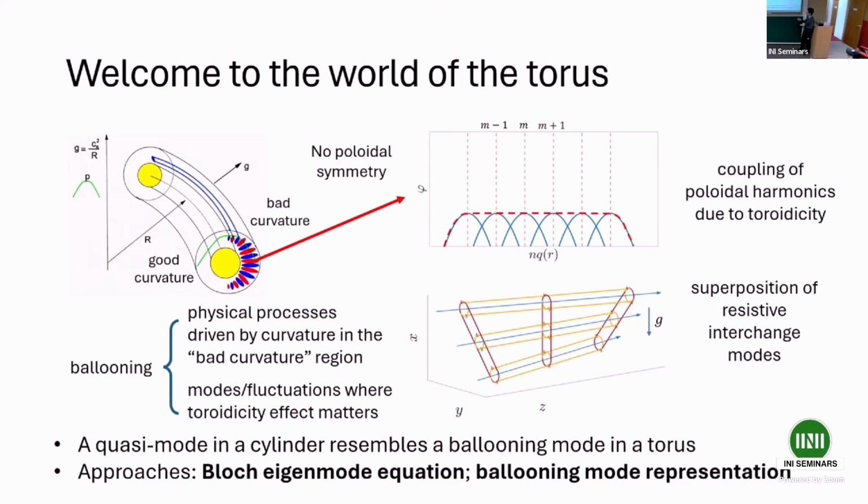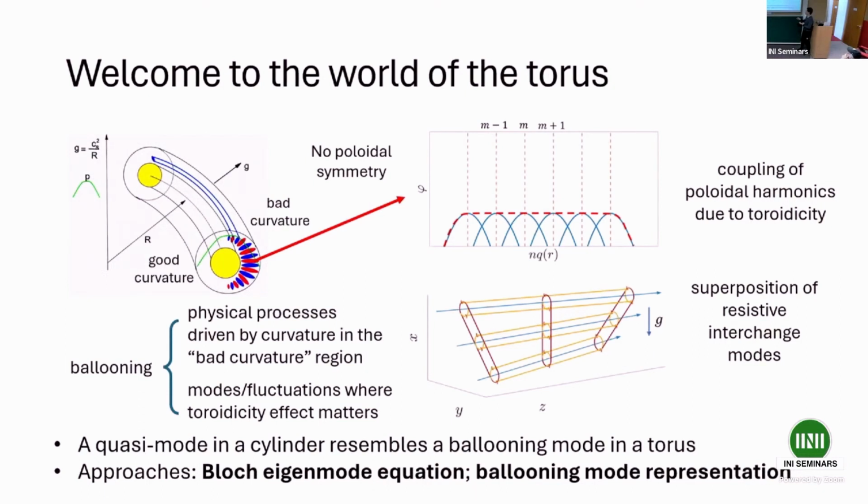Because this torus has a curvature, the mean field line is bent, so when the plasma moves along the field line, you can feel a centrifugal force, which can be renormalized as an effective gravity.